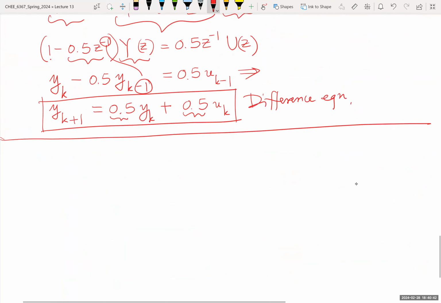Example 6 says if I have the Z transform 0.91 Z inverse over 1 plus 0.84 Z inverse plus Z to the minus 2, then you split it into partial fractions, and first of all, I just see a typo.